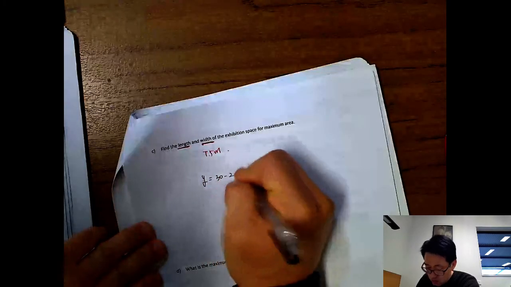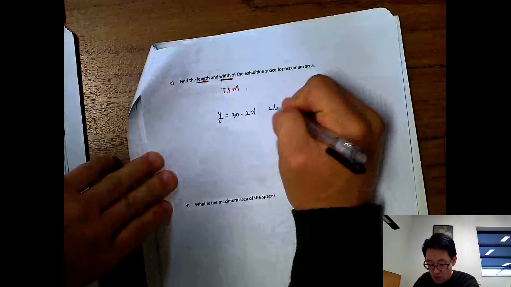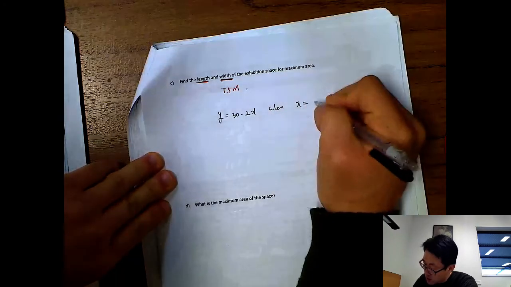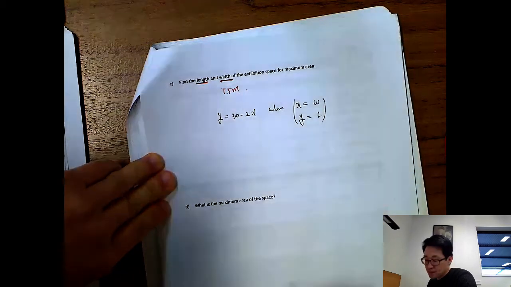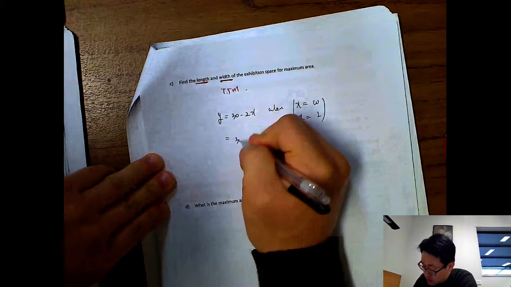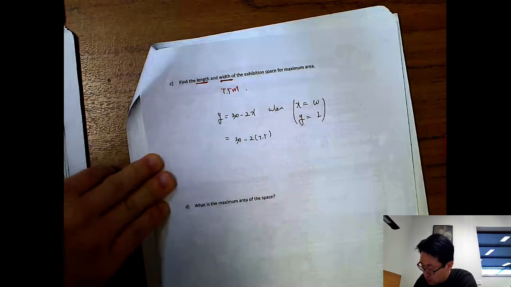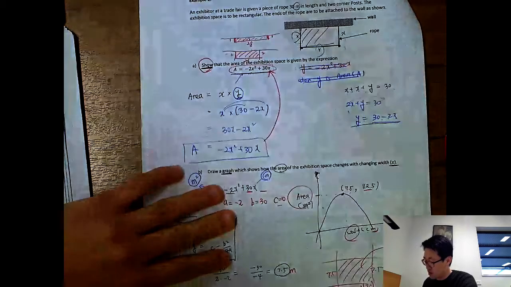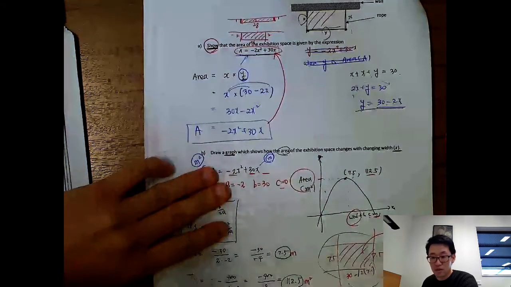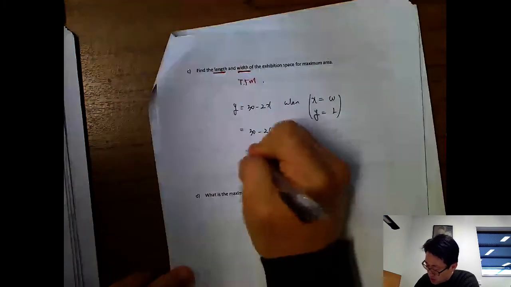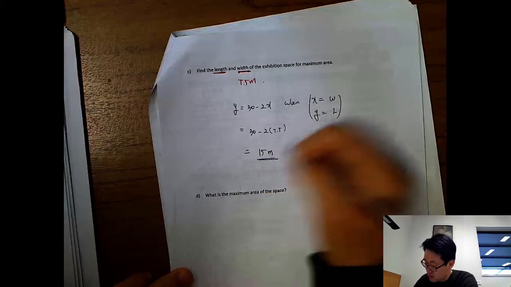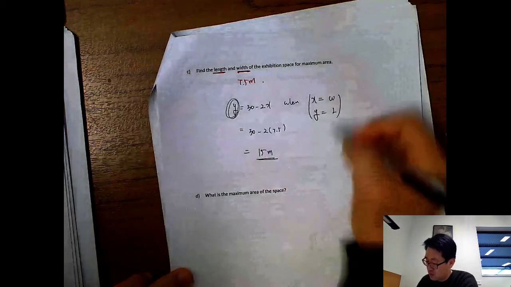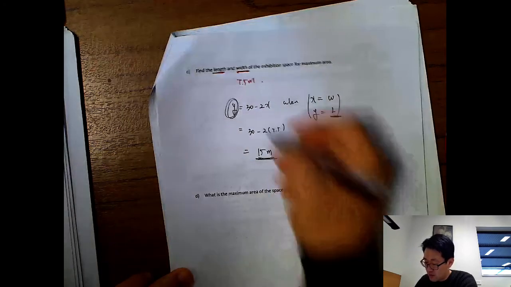To write it down, y equals 30 minus 2x, where x is width and y is length. In this case, 30 minus 2 times 7.5, which is the same as what I've done here, and then I got 15, and the unit is meter. So the y value, which is the length, is 15 meter.